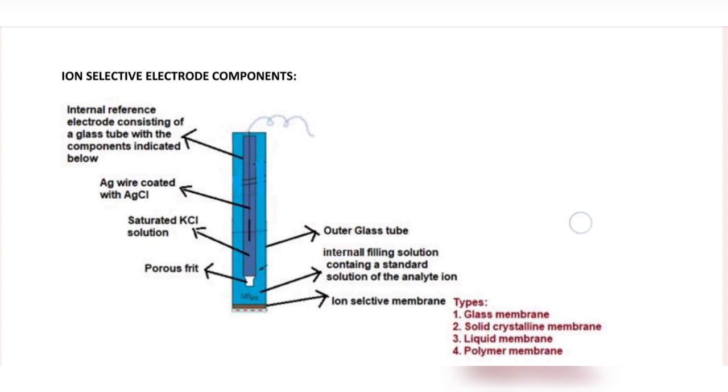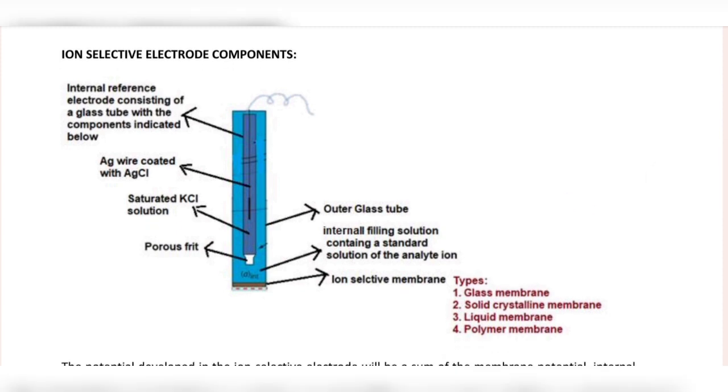On the basis of the type of ion selective membrane present at the bottom of the outer glass tube, ion selective electrodes are classified into glass membrane ISE, solid crystalline membrane ISE, liquid membrane ISE, and polymer membrane ISE. ISE means ion selective electrode.